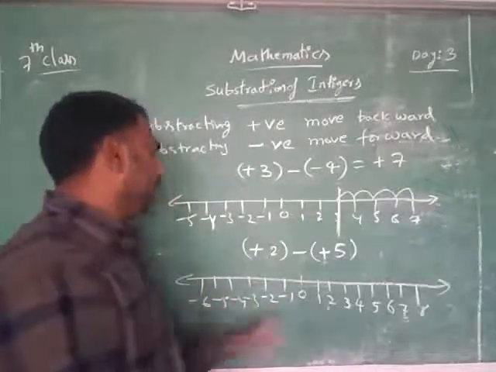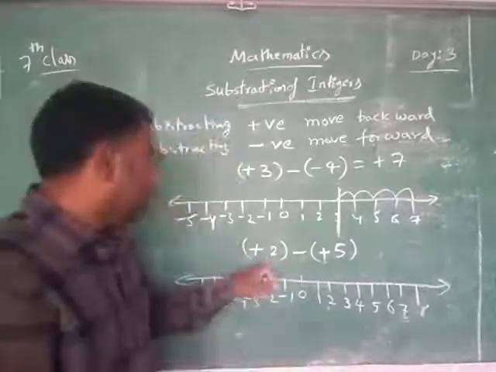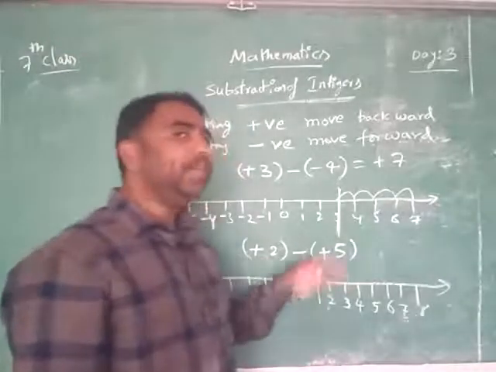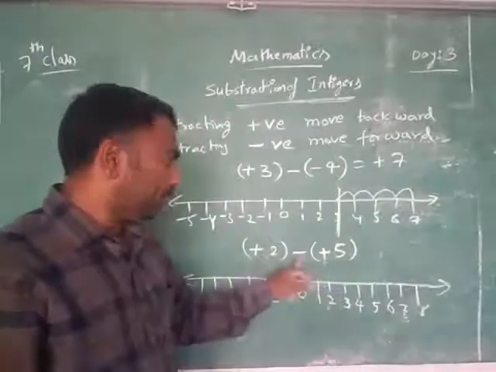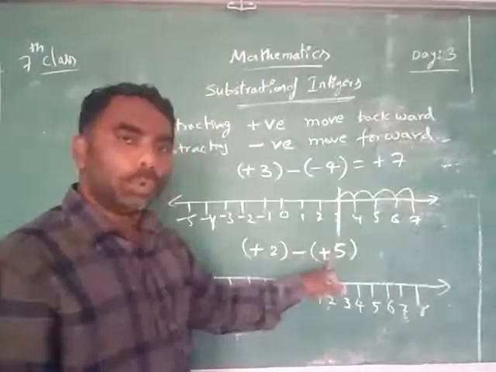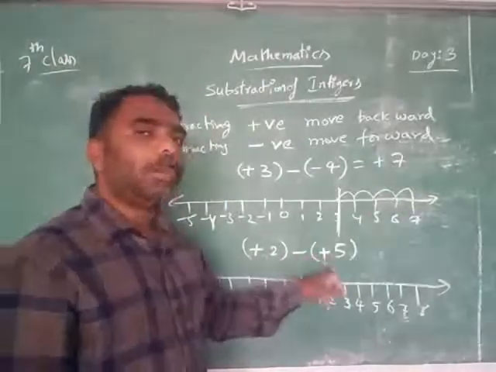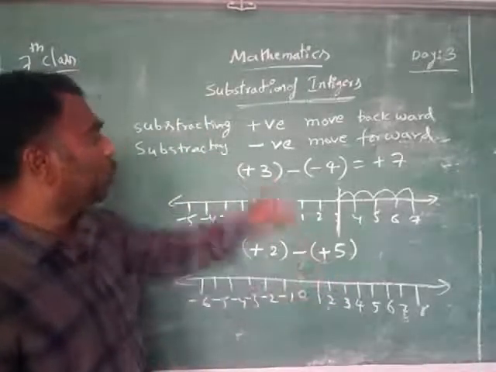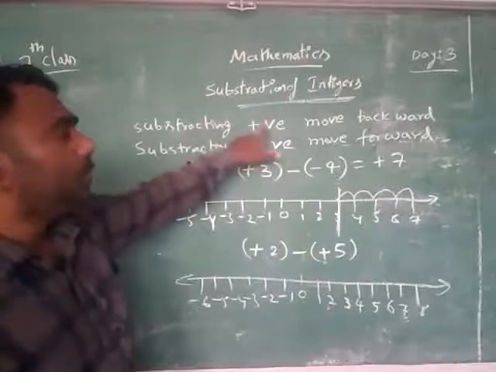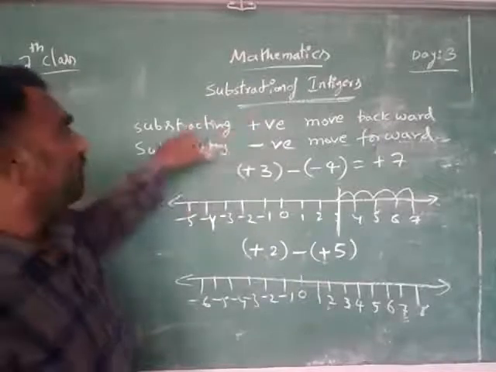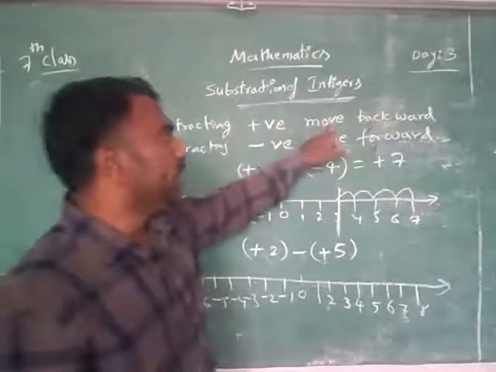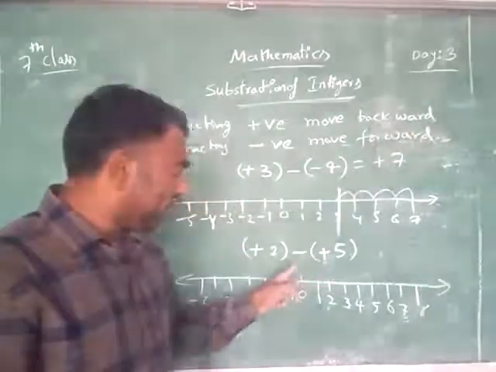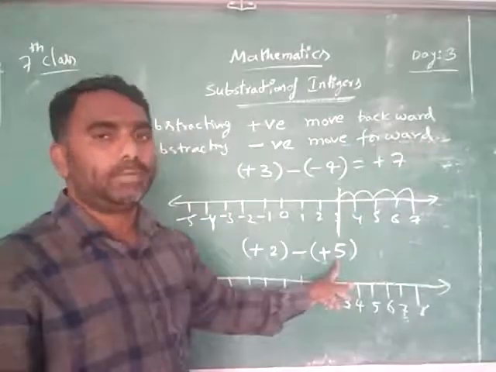The question once again: plus 2 minus plus 5 means we are subtracting positive. See where it is? Subtracting positive. When we are subtracting positive, we need to move backward. How many steps backward? 5 steps backward.